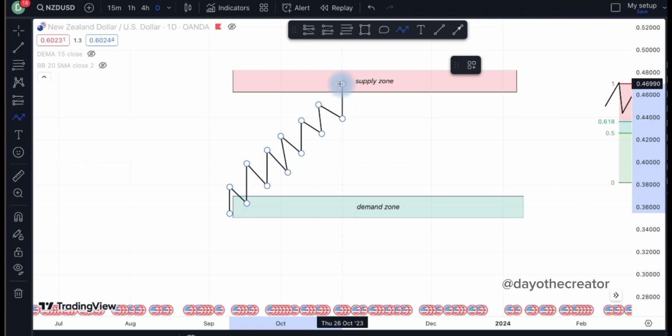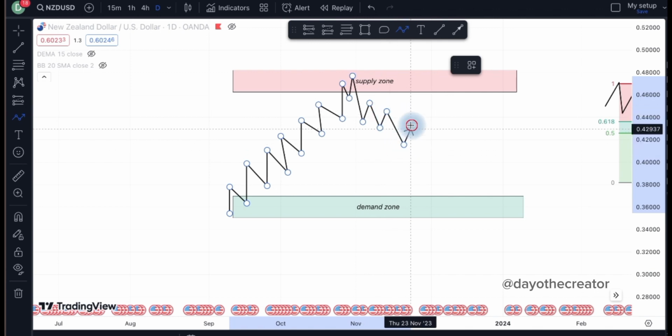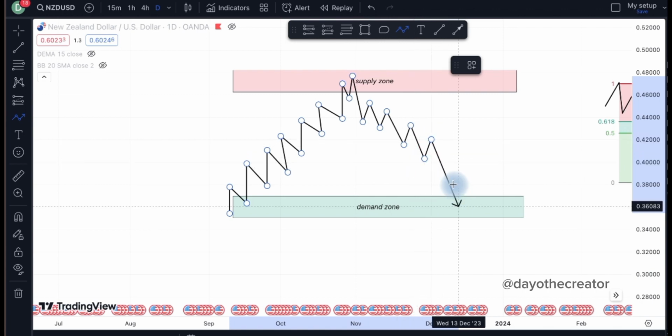When the market comes to this zone, since it's a supply zone, it's expected that your sell orders start executing from this zone. So what the market may tend to do is take out the early sellers first. After taking out the early sellers, it dumps down to the downside and keeps on trending downwards.